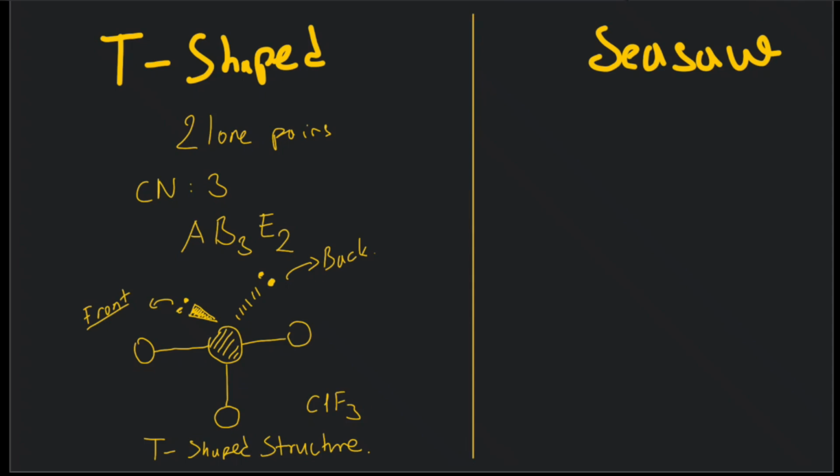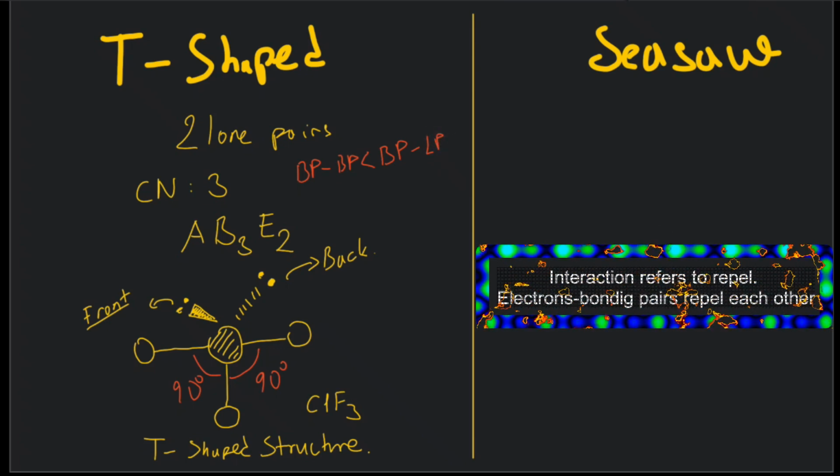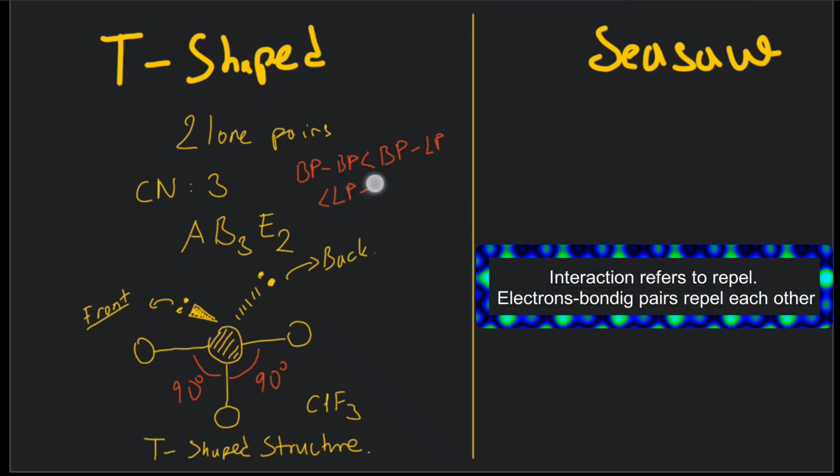The important part is, what is the angle? For instance, what is this angle? Is it 90 degrees? It should be close to 90 degrees, but if you look at our previous video, you should know that bonding pair interaction is smaller than the bonding pair lone pair interaction, and it is smaller than the lone pair and lone pair interaction.